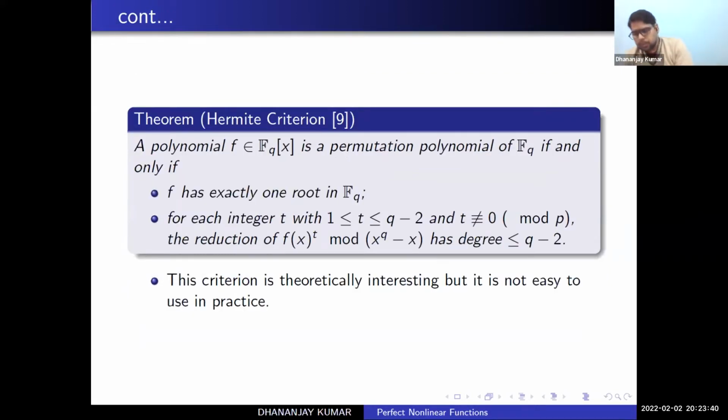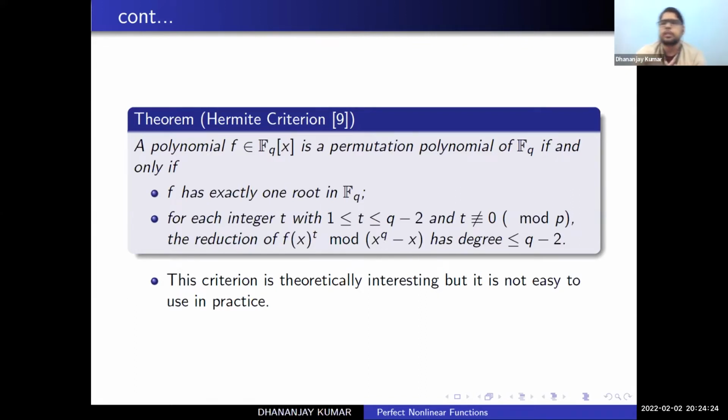And it is very difficult to determine whether a given polynomial is a permutation polynomial or not. So we have a very fundamental criterion to characterize this, called the Hermite Criterion, and this states that a polynomial f is a permutation polynomial of Fq if and only if f has exactly one root in Fq, and for every integer t from 1 to q minus 2, where t is not congruent to 0 mod p, the reduction of f(x) raised to the power t modulo x^q minus x has degree at most q minus 2.